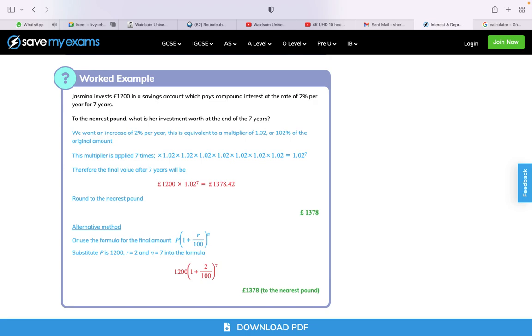Other than that, you can see the way they got 1 to the power of 7. It's like you are multiplying it several times. If you don't know how to do it, like the one we did just now when we said 1.08 to the power of 6, you can just say 1.08 times 1.08 times 1.08 in 6 places.